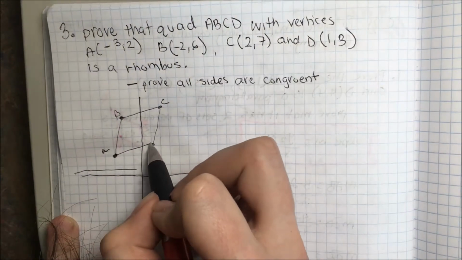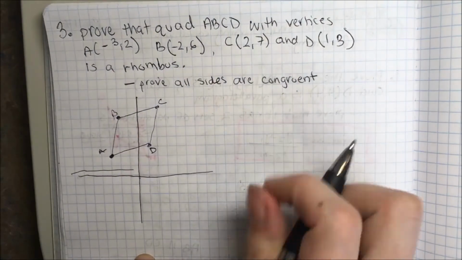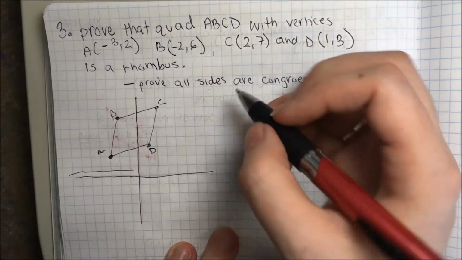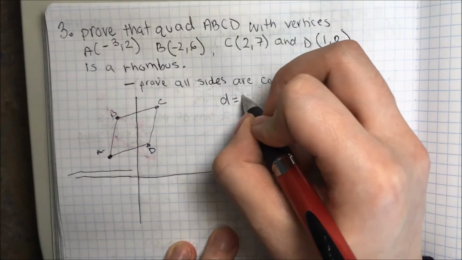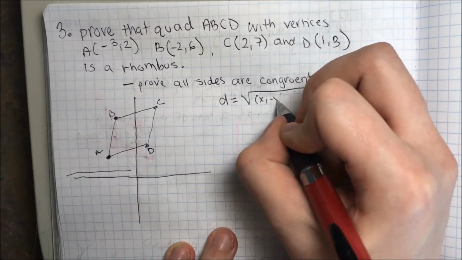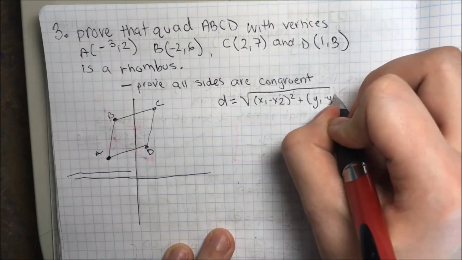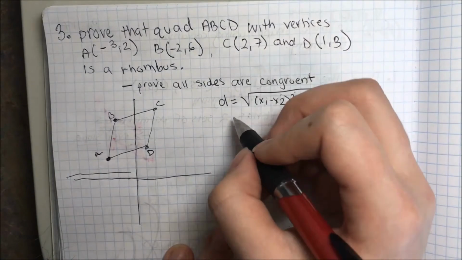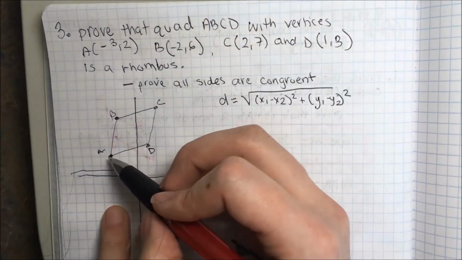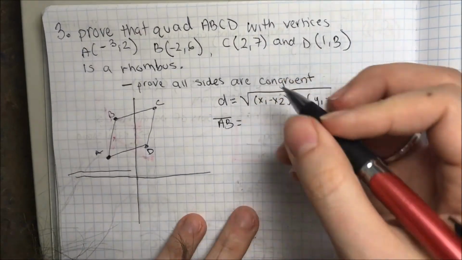So we're connecting our shape here. We said we have to prove that all sides are congruent, so we're going to be using our distance formula again: x1 minus x2 squared plus y1 minus y2 squared. We can start with line AB.